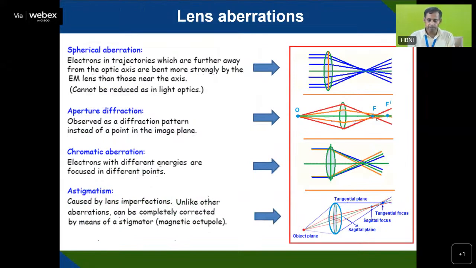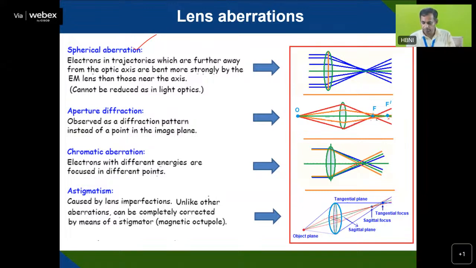And you have many errors in the images, like spherical aberration, where instead of meeting at a particular spot, the rays deviate and spread like this. In case of chromatic aberration, the focal point is shifted, so you can see the focal point is different here.